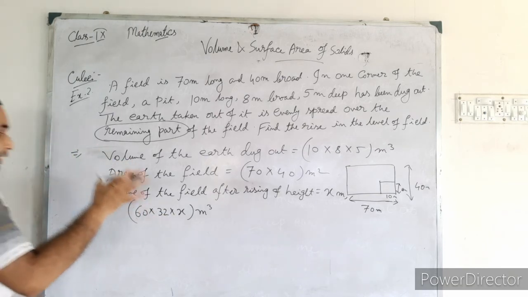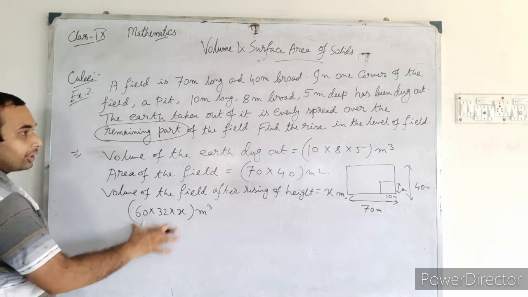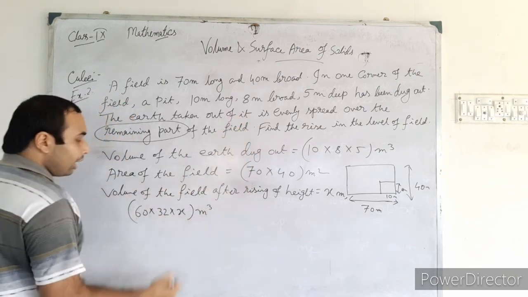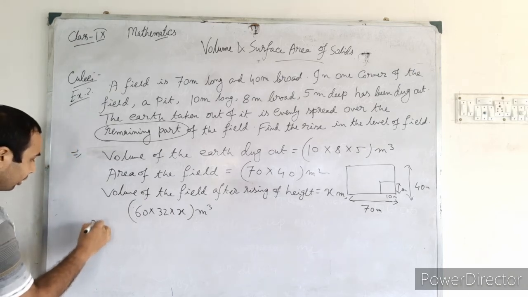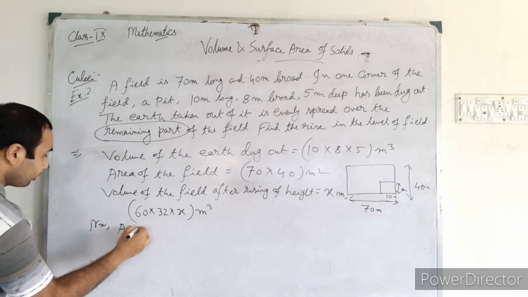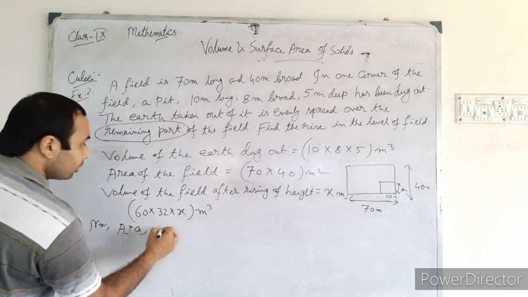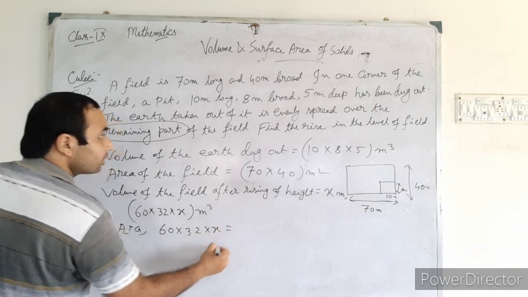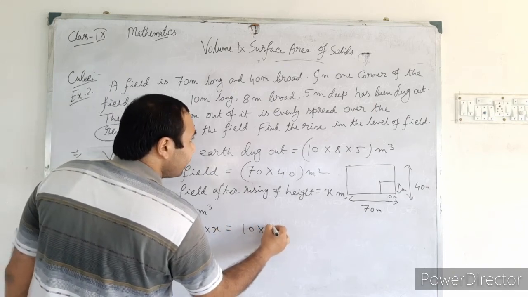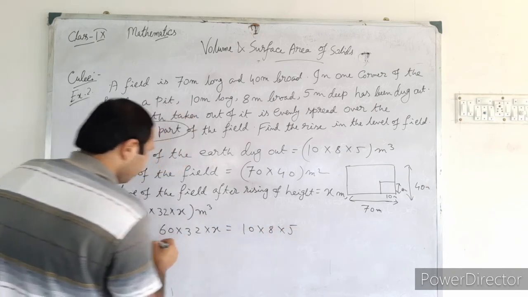Okay. So this equals the volume of the earth. Now according to the question, 60 into 32 into x equals 10 into 8 into 5.